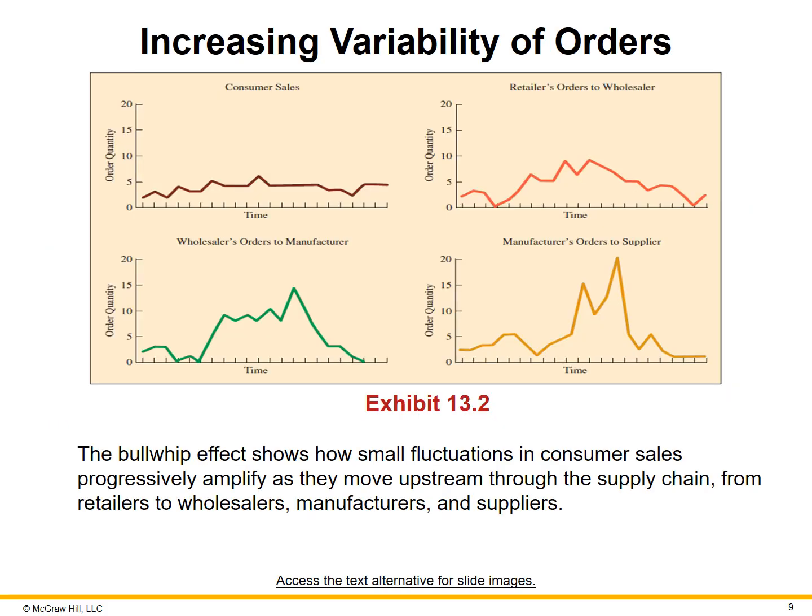So let's look at the variability of orders. The consumer sales did not have much variance, but as it goes along to retailers, wholesalers, and then manufacturers, it gets bigger. It is because of the inventory that each player in the supply chain wants to keep to be prepared.